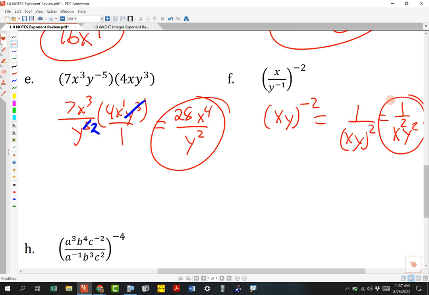We like positive exponents. Now I'm going to apply this exponent to each part of that. So I'm going to apply the 2 to each one of these. Technically, they both have 1s, power to a power, so I multiply those. 1 times 2 is an x squared, and then 1 times 2 is a y squared. Everybody good there? Yes.